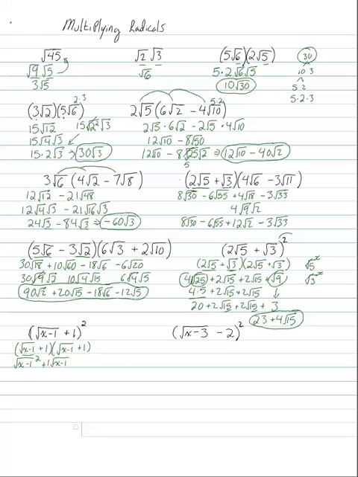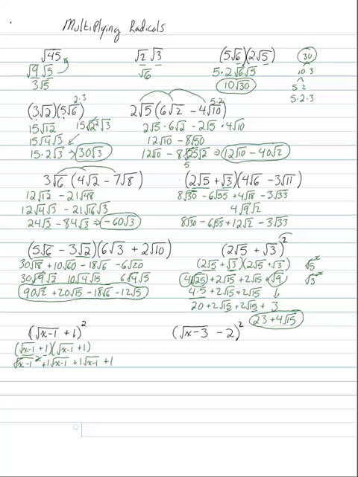Now I'm going to take my 1 and distribute that through. So 1 times square root of x minus 1 is 1 square root of x minus 1. 1 times 1 is plus 1. So now square root of x minus 1 squared, they again are going to cancel each other out.